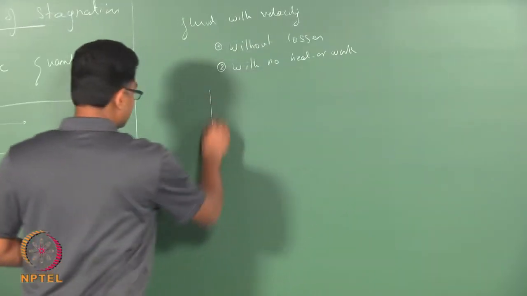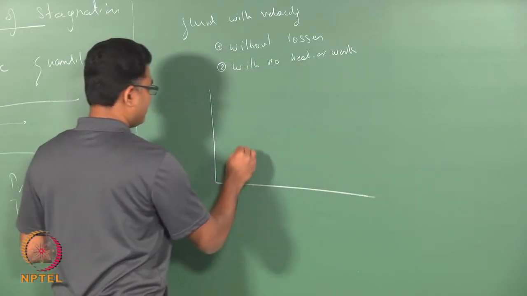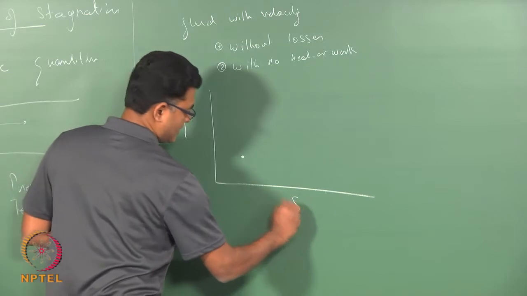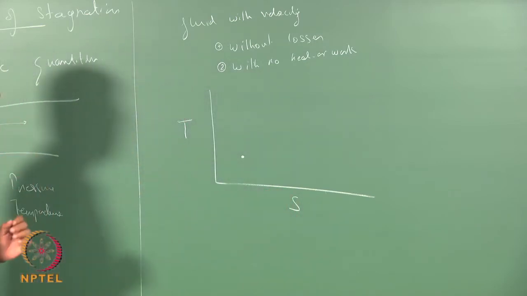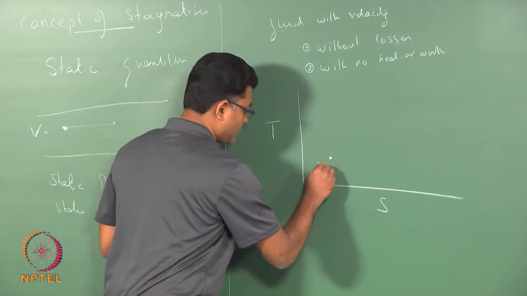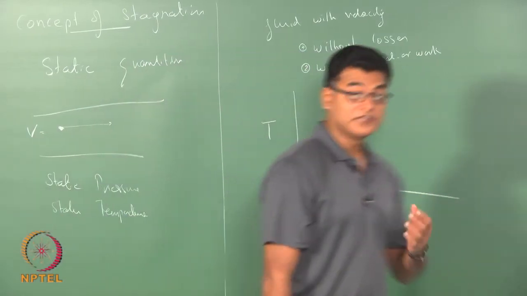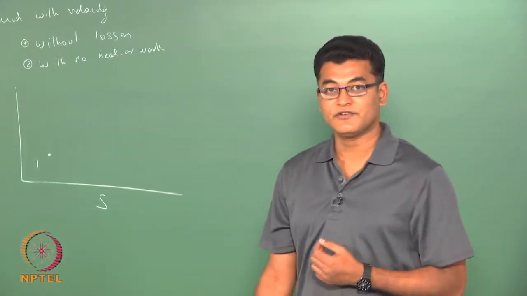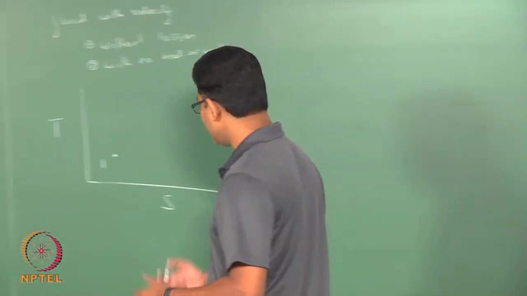Graphically, let us consider this as the TS plane. I have a state 1 here, and the velocity at that particular state of the fluid is some v.